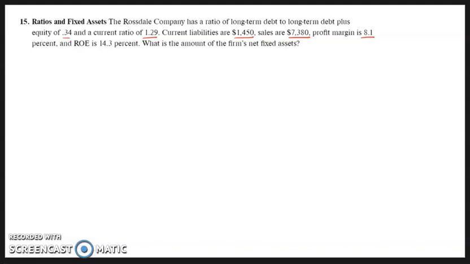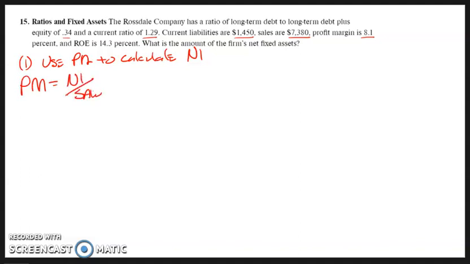So the first step is to use the profit margin to calculate net income. Profit margin is net income divided by sales, so we can rearrange that: net income is just sales multiplied by profit margin.